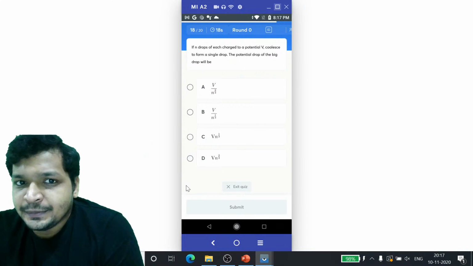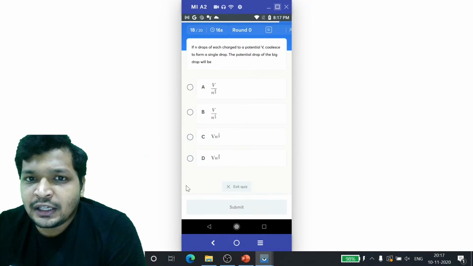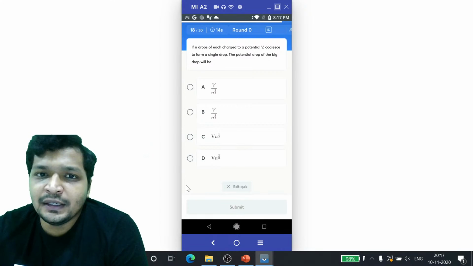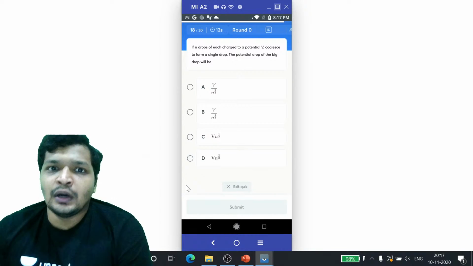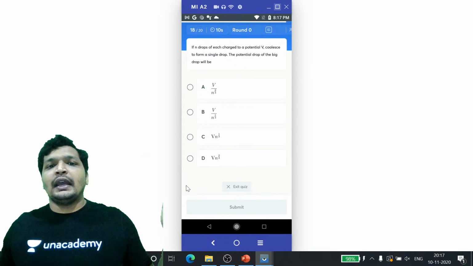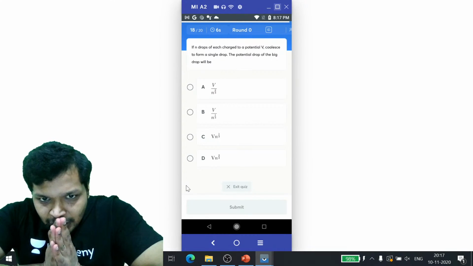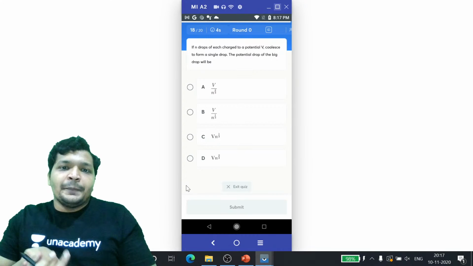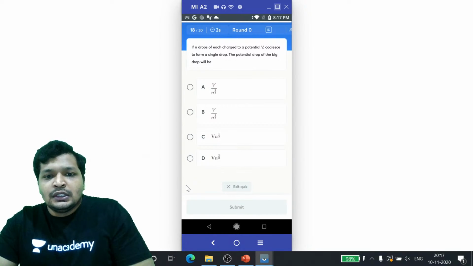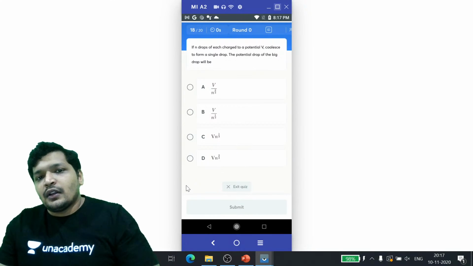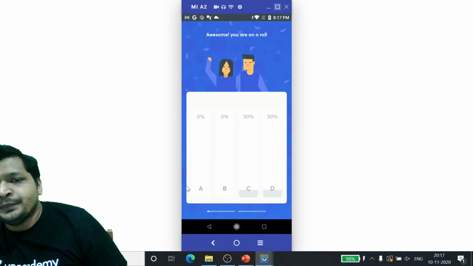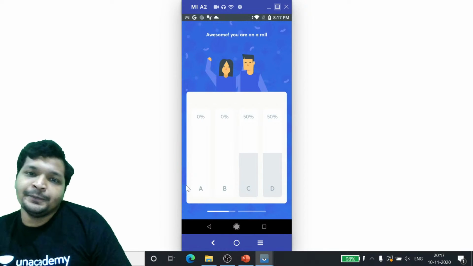Kq by r, right? Initially kq by r is V. Now what happened? You made n number of these drops. It should be 2 by 3, V into n to the power 2 by 3. Conserve the volume. Good, very good.